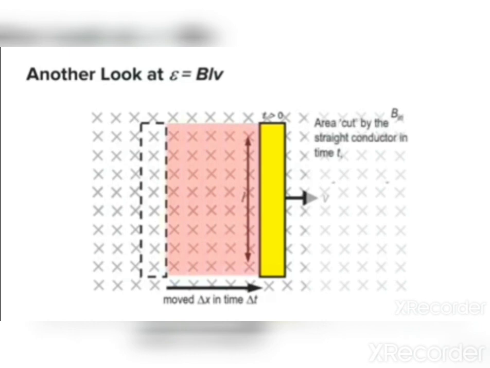The area of the field cut by the straight conductor is this red area here, and is therefore equal to L times delta x. Hence, the magnetic flux cut by the conductor is given by B times the area that it has cut, which is BL delta x.